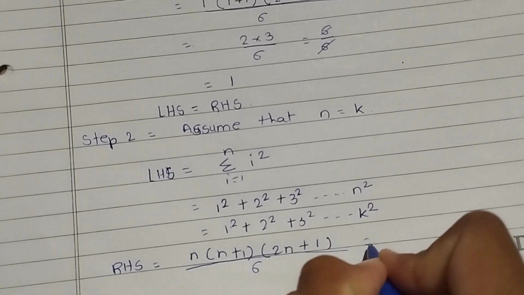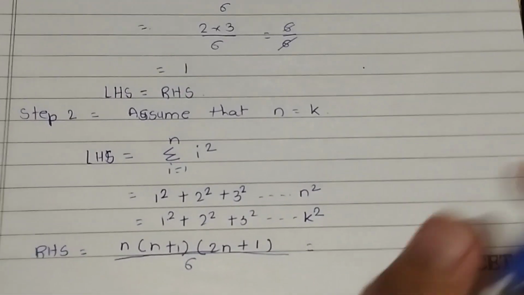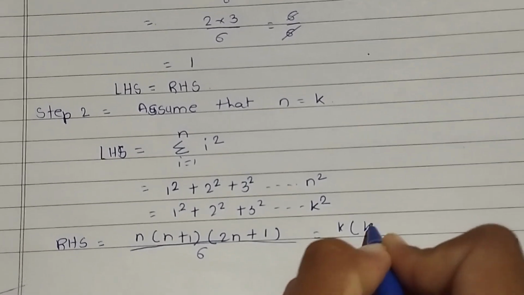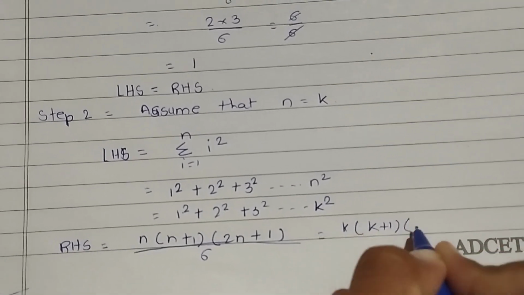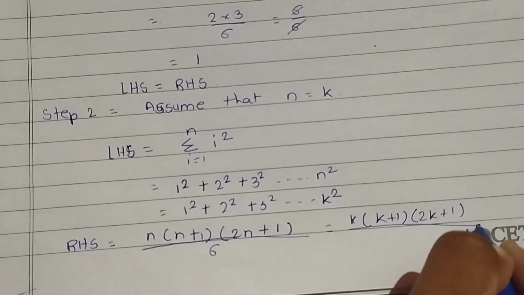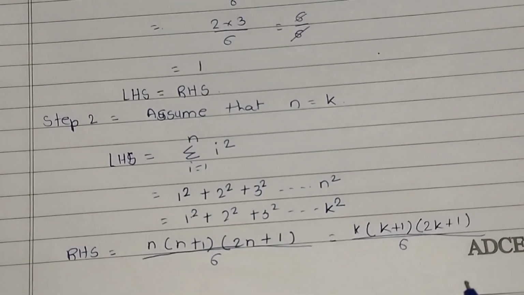When we put the value of n, this is k in bracket, k plus 1 in bracket, 2k plus 1 divided by 6.